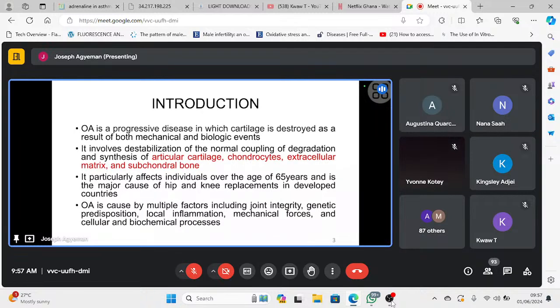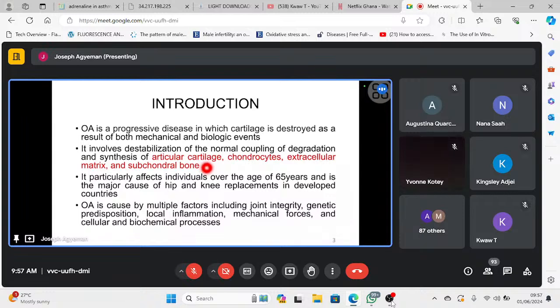So, for example, you get the level of distraction of the cartilage overwhelming the level of its production. Typically, chondrocytes are the cells that will be producing the cartilage. When chondrocytes begin to die, it means that they will be unable to produce enough cartilage.